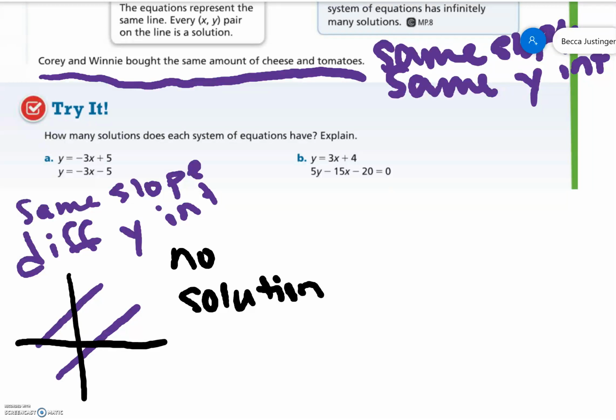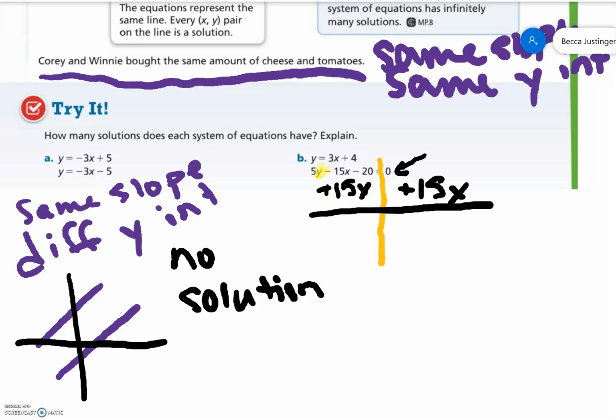This next one we can't figure out yet because this equation is not in the form y equals mx plus b. We want to solve for y. So to get y by itself, I need to get rid of the 15x, so I'm going to add 15x to both sides. That cancels out, and I get 5y minus 20 equals 15x.